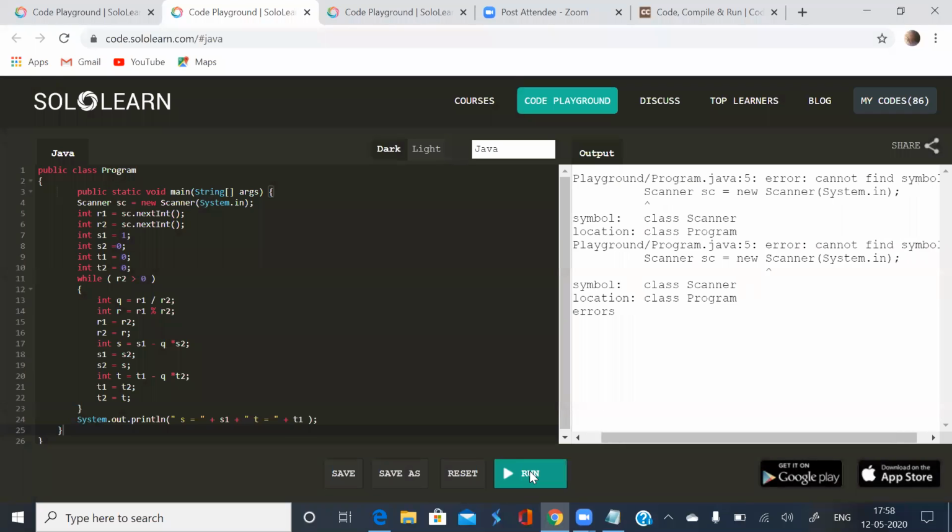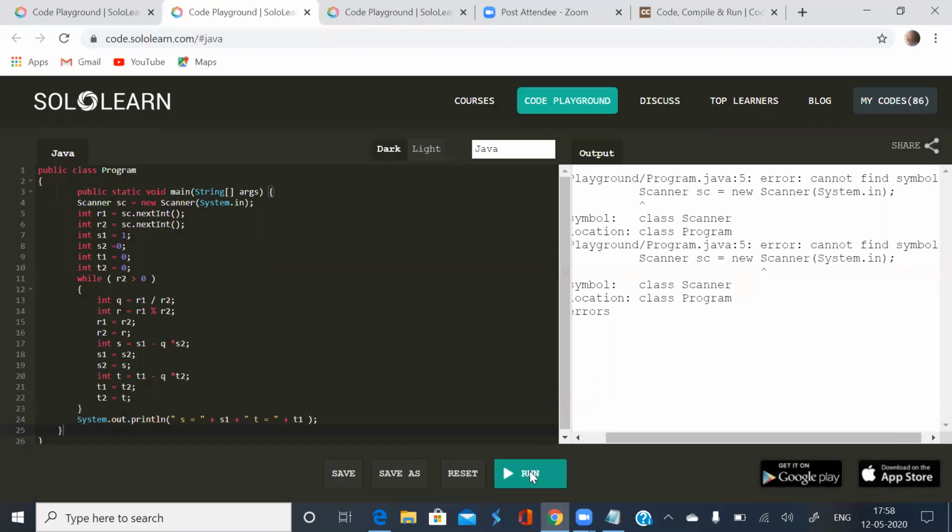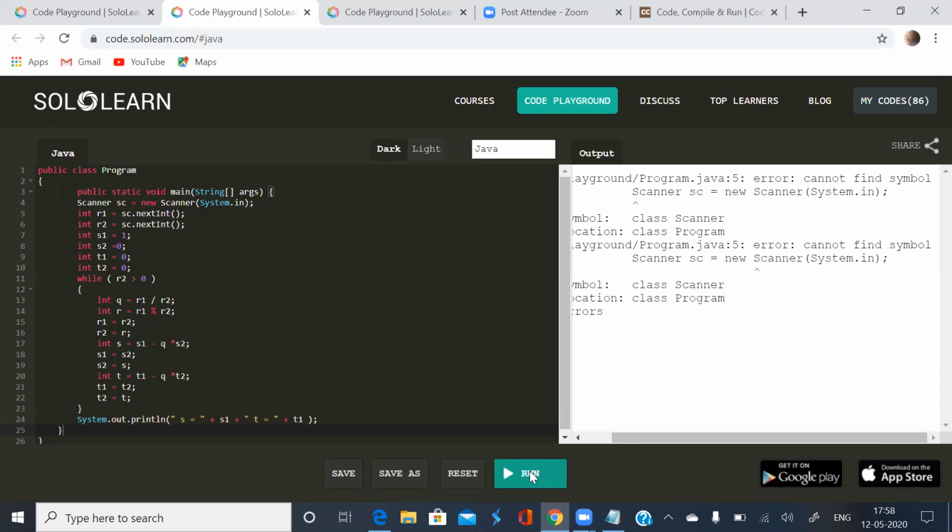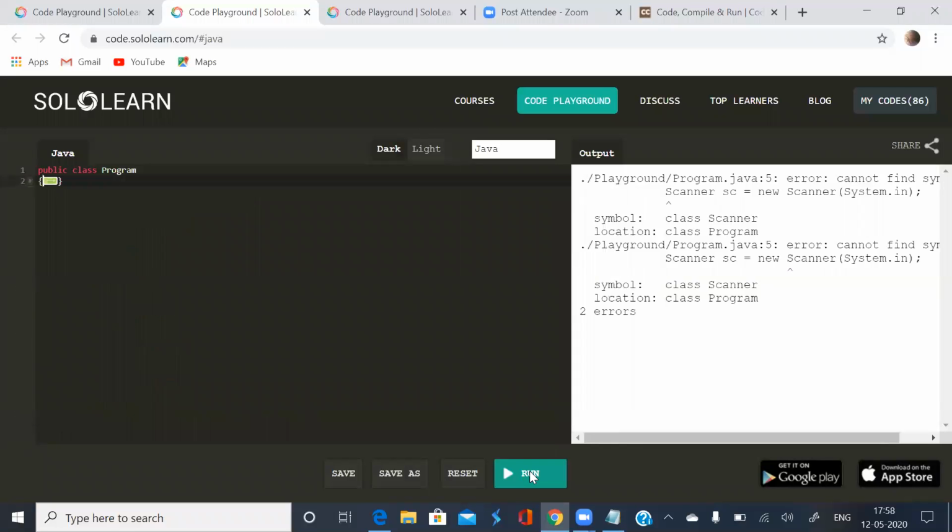Two errors. new Scanner(System.in): cannot find symbol, okay.